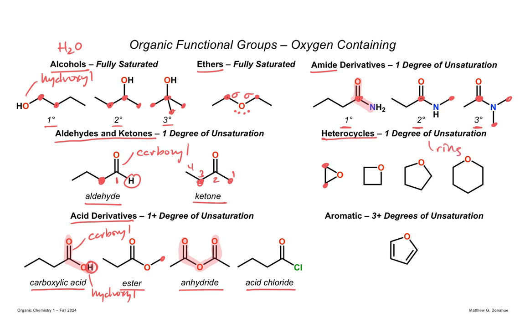And you can have different sizes. So some of these are used as reagents, some of these are used as solvents. And as the semester progresses, we'll understand the difference between a reagent and a solvent. Aromatic oxygen heterocycles, this is called furan.